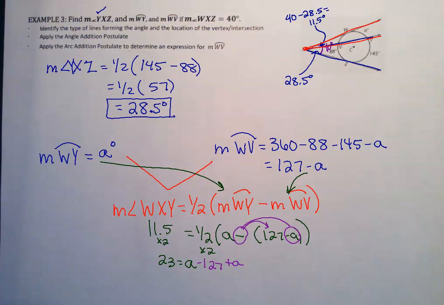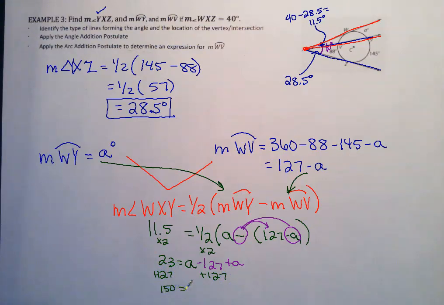Good. Okay, so we're still trying to solve for A and get A by itself. So would you add 127? Yes, I would add 127. So then I would get 150 equals what?